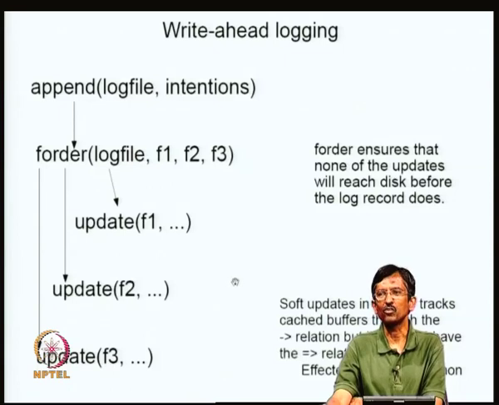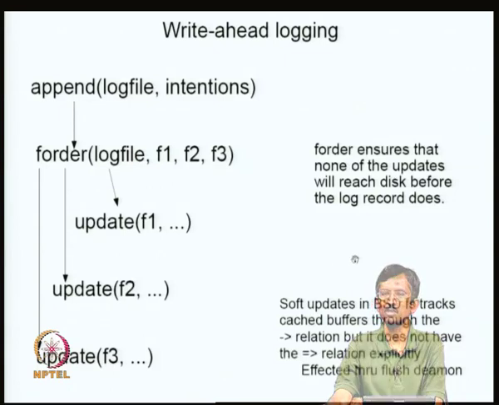Now something similar is also possible, and actually it turns out in the BSD file system, the 4.4 fast file system, the later version, there was an earlier version which did not have this, but the later version post 2000 has something called soft updates.